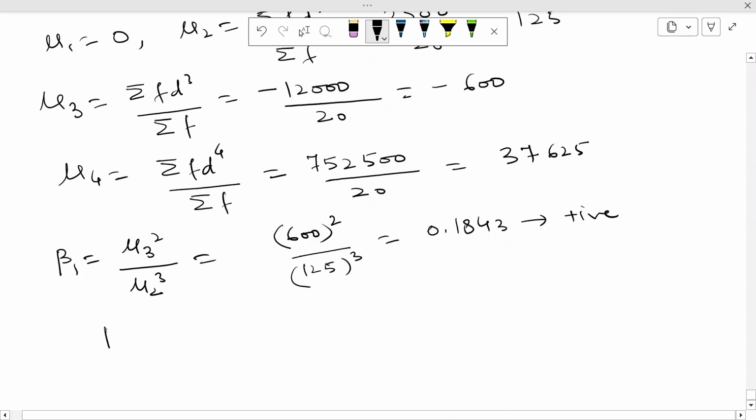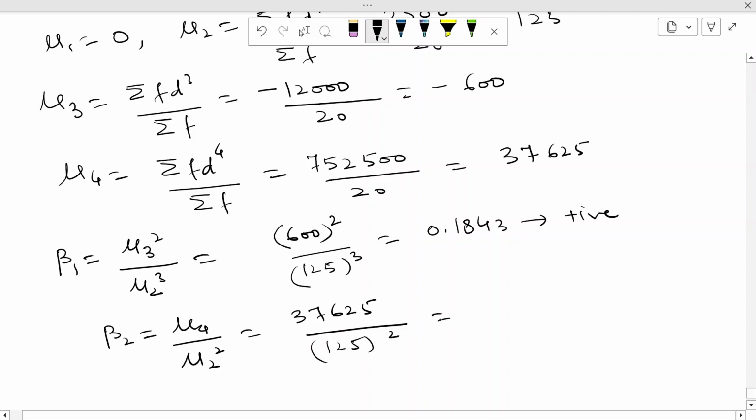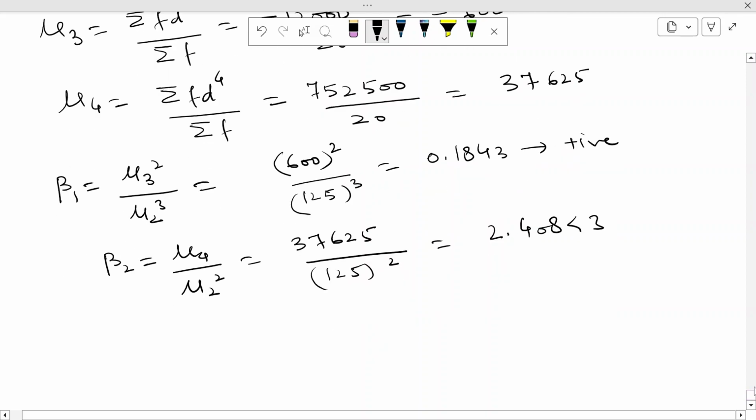And lastly we will calculate beta 2, which is mu4 over mu2 square. So this will be 37625 divided by 125 whole square, and the value which we obtained is 2.408, which is certainly less than 3.